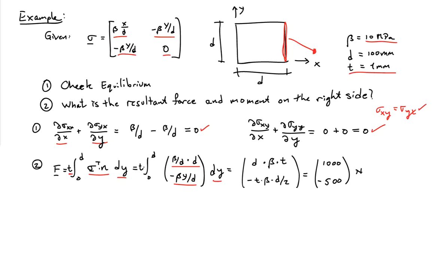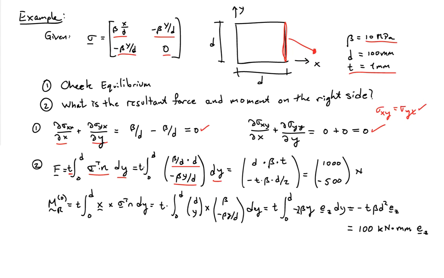Now, for the moment itself, we have to calculate the moment, and let's go ahead and calculate the moment relative to the origin of the coordinate system. So the lever arm here is going to be x, just the position vector, to a point along the side. So to any arbitrary location here, we'd have this vector x, components x and y, but the x component is equal to d, so that's dy.